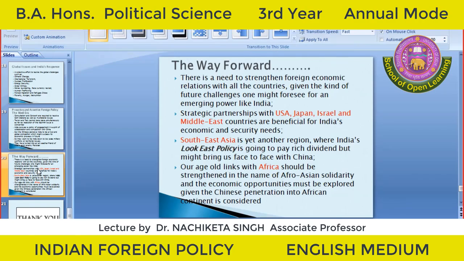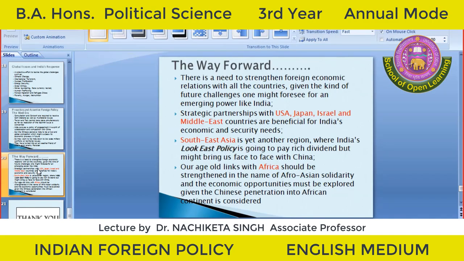You see, as I said, geography, economy, political system, your historical legacy, culture, these things are permanent determinants of foreign policy of any country. Wherever they exist, irrespective of the continent, these things determine the foreign policy very, very significantly. As far as India is concerned, how do you see geography as a determinant of India's foreign policies?